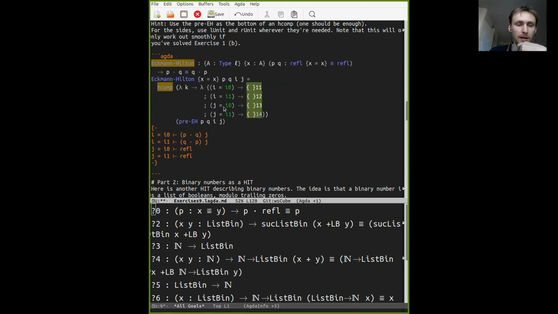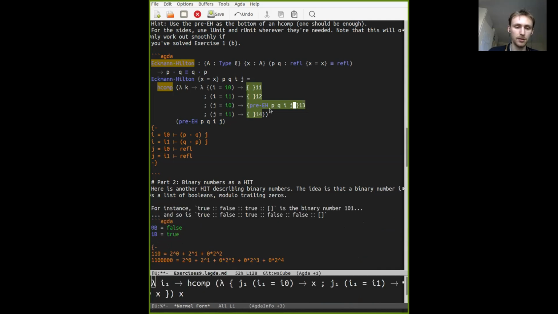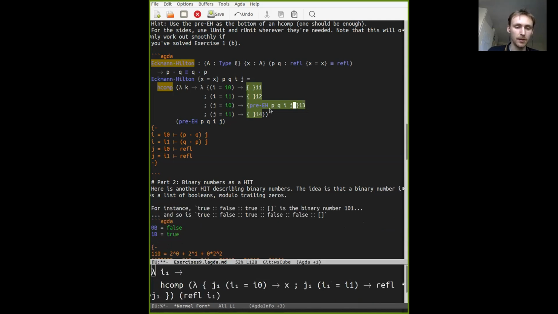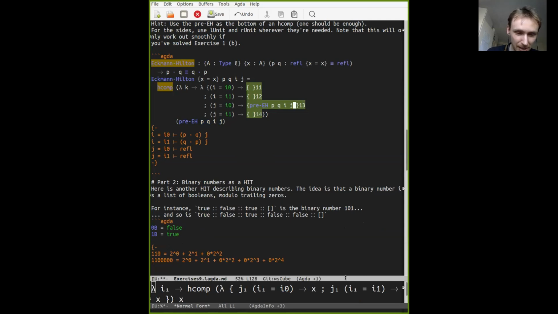Both of these sides here are, so let's look at the j0 case. Let's plug in our base and just see what it normalizes to. Okay, that's a bit ugly, but it's not too big.